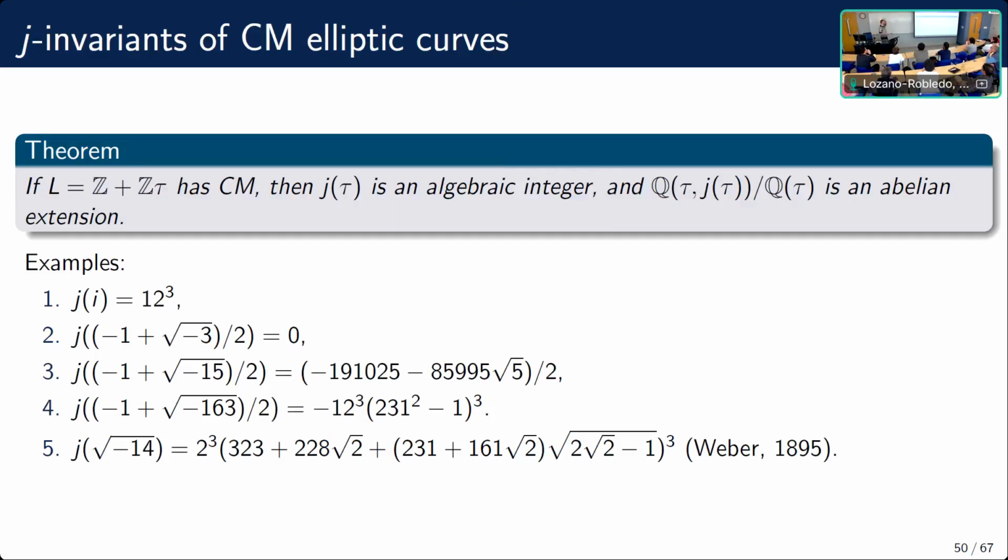As an example, J of i, which is to say J of this lattice, is 12 cubed, an integer. J of this number, this omega thing, is 0. J of this number with negative 15 is this number, which involves the square root of 5. And then there's our friend with 163. Then this integer comes out.